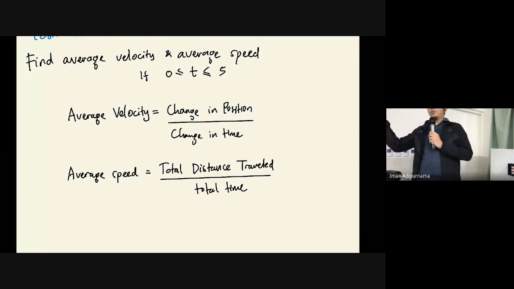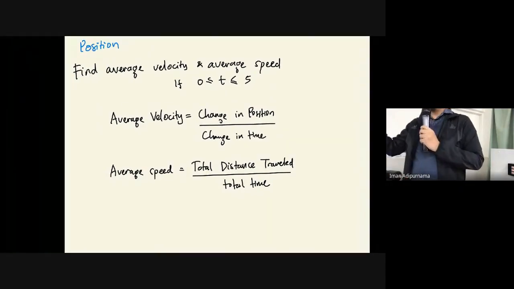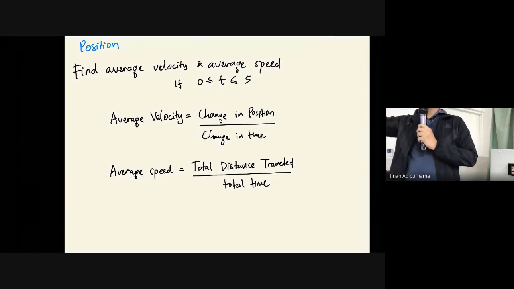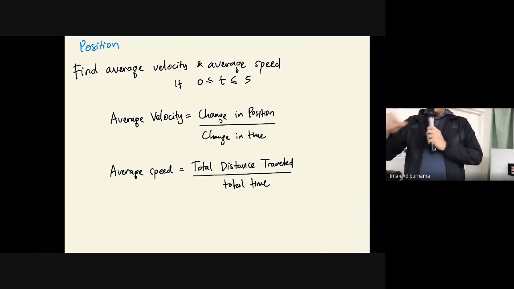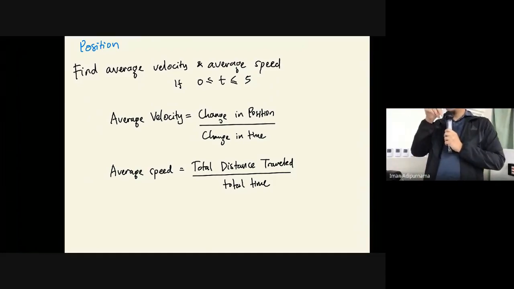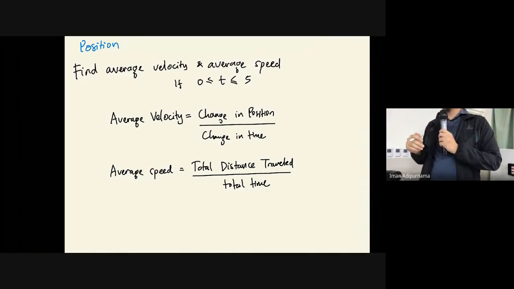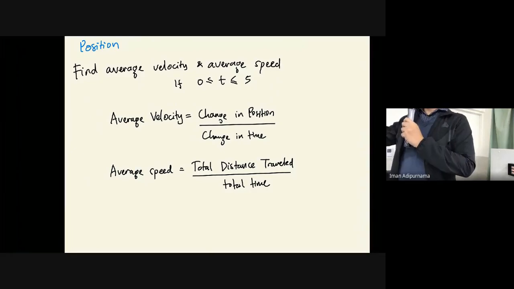Do you understand what it means? Average velocity only cares about the first point and the finish point, the change between time 0 and time t. But average speed is the actual distance traveled. The total distance traveled is not equal to the change in position.